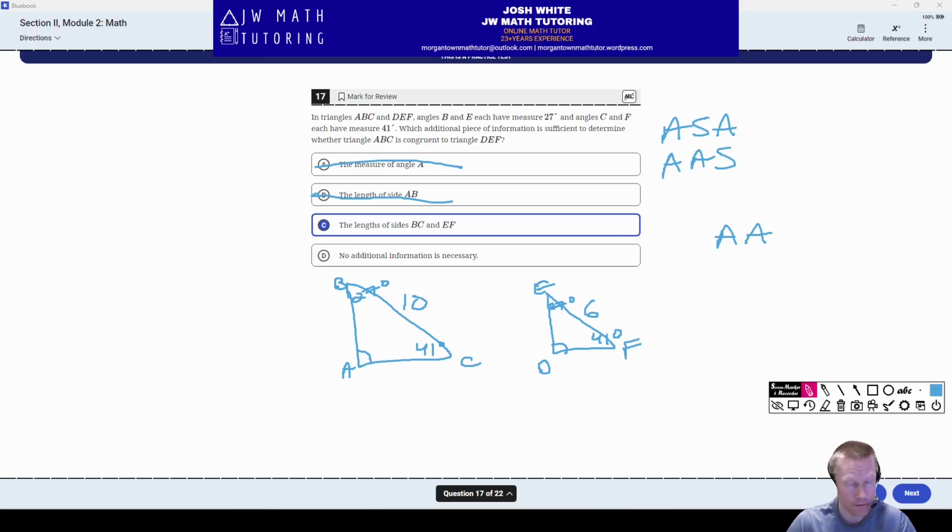I mean, they would be similar, but they would not be congruent. The point is you could definitively prove it at that point. That's why the answer has to be C, because then you're going to use ASA to either say yes, they are congruent, or no, they are not congruent. And obviously D is wrong because you're only given two pairs of angles. That's not enough to prove congruency.